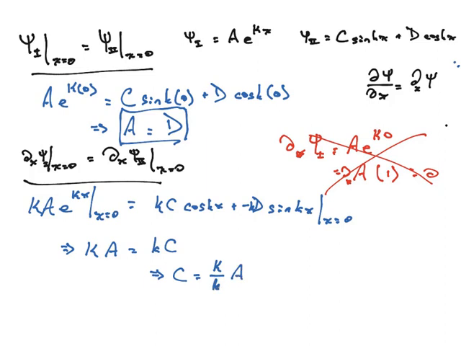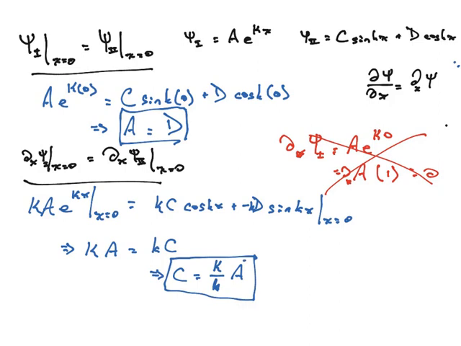Now be careful. It's very, very easy to confuse kappa and k. I hate that this is the notation that's standard, because kappa and k, especially when you're writing quickly in your notes, can look very similar. But one is like a curly k, and the other is lowercase k. But there we go. There's my second boundary condition done.